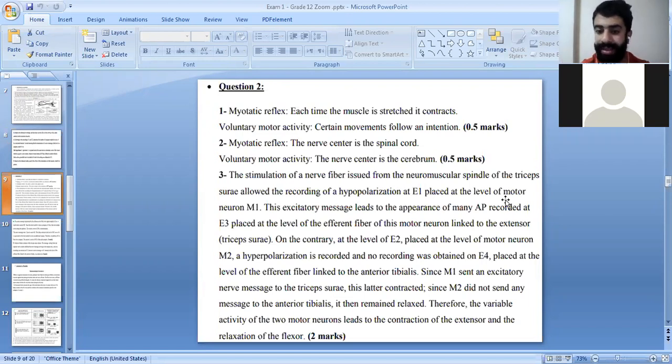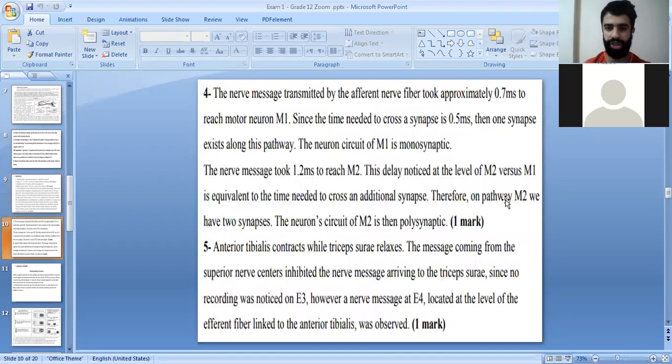Since M2 did not send any message to the anterior tibialis, the anterior tibialis remains relaxed. Therefore, the variable activity of these two motor neurons leads either to the contraction of the extensor, the triceps surae, since we have an action potential, and the relaxation of the anterior tibialis, the flexor, since we don't have any action potential.